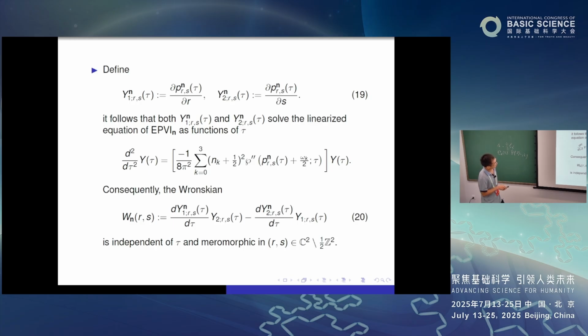Since this second order equation has no y1 term, the Wronskian of these two functions is a constant, independent of tau, but holomorphic in r and s.